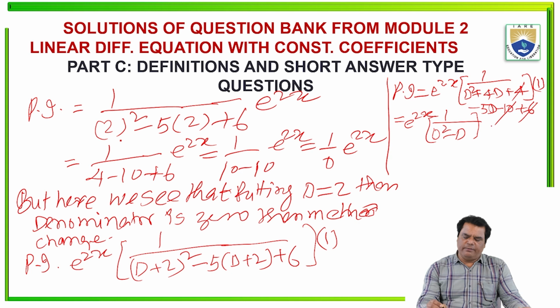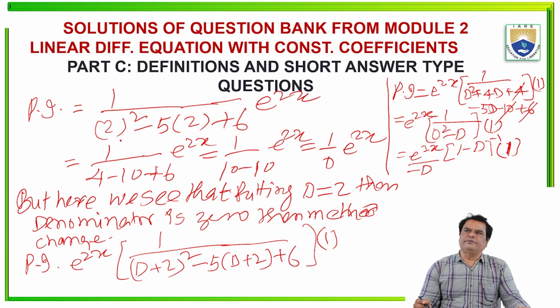Here is 1. Now D is common. e to the power 2x, and here minus D is common, and here is 1 minus D. D is common. So 1 minus D to the power minus 1. So here is 1 only, the function 1.